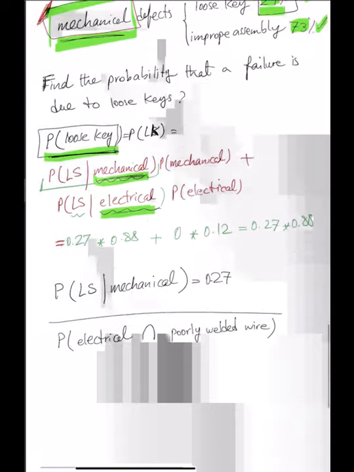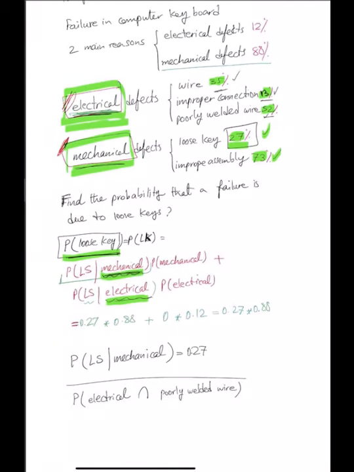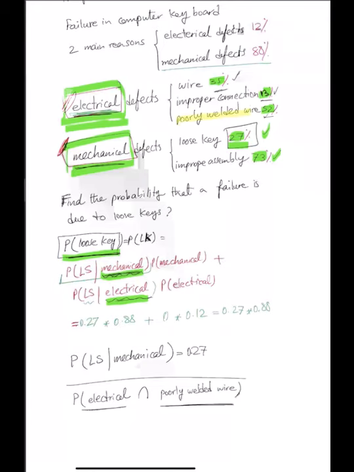So I pick a keyboard that has defects, and I look at the defect and want to know the chance that the defect is electrical and also related to poorly welded wire, which is this part here.